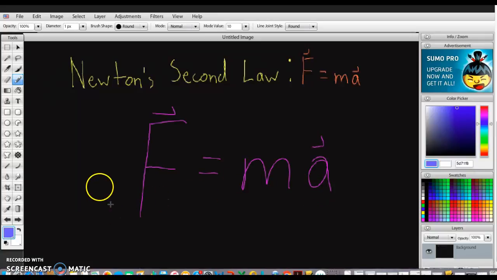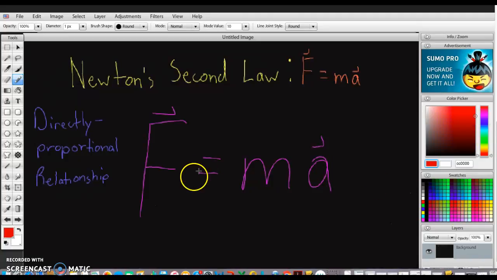And that relationship is called a directly proportional relationship. And what that means is that when one variable goes up, the other one also goes up. When one variable goes down, the other one also goes down.